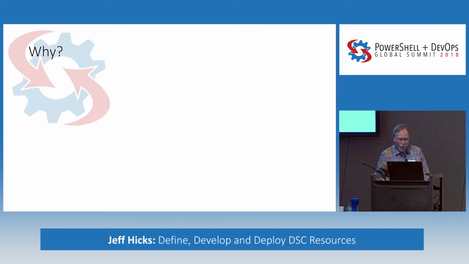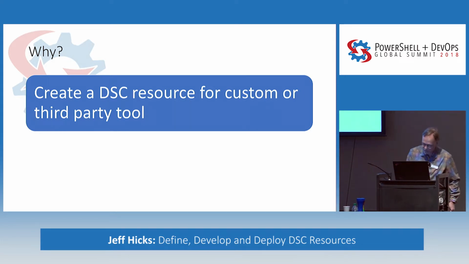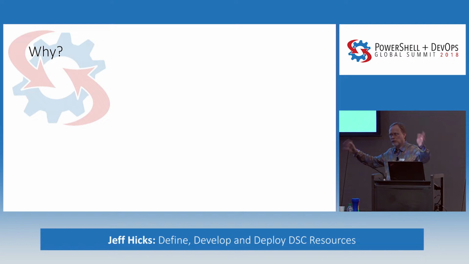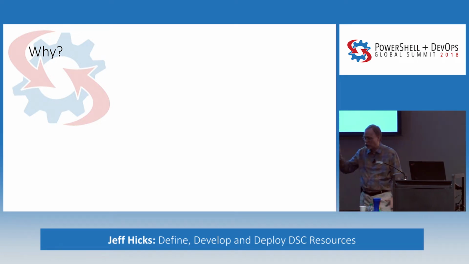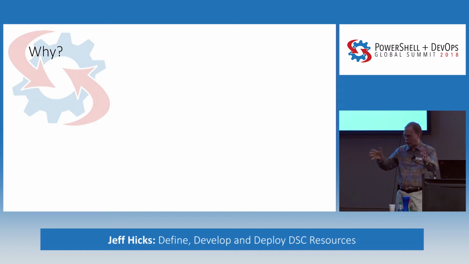So the first question is, why do DSC and DSC resources matter to me? Well, first I should ask, does everyone know what a DSC resource is? Everyone's good with that. So a DSC resource is a piece of code that you can use in a DSC configuration to say, I want this server to look like this.